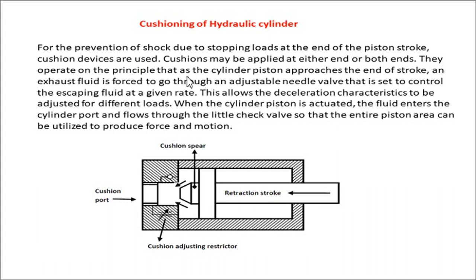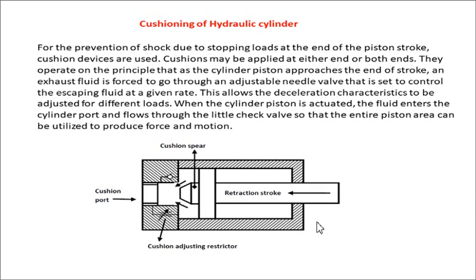They operate on the principle that as the cylinder piston approaches the end of the stroke, the exhaust fluid is forced to go through an adjustable needle valve that is set to control the escaping fluid at a given rate. This allows the deceleration characteristics to be adjusted for different loads. When the cylinder piston is actuated, the fluid enters the cylinder port and flows through a little check valve so that the entire piston area can be utilized to produce a force and a motion.